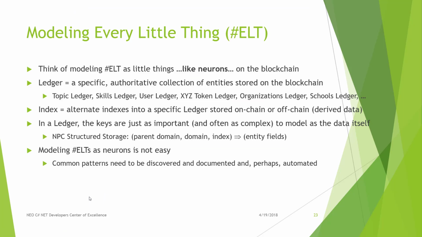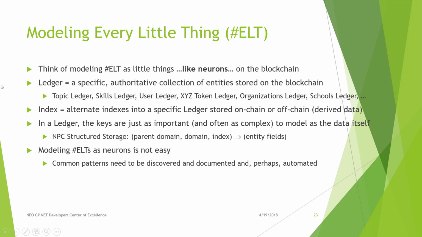So just a few words around modeling every little thing, and highlighting the words every little thing. Think of modeling every little thing as little things, almost like neurons on the blockchain. And I owe my good colleague Mark Annabali, creative mind, for coming up with this idea that they really are like small neurons with a small number of properties, and they're networked and connected together.